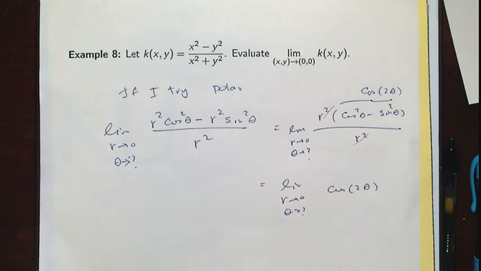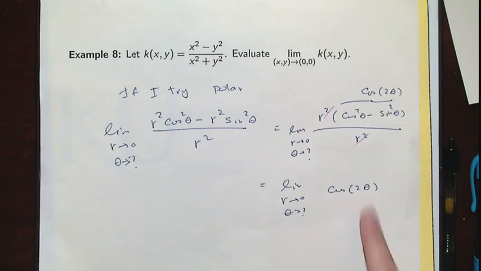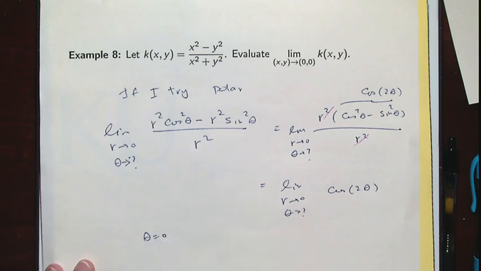So someone says, what if I do this? Can I still find two paths? You could find two paths. I can say theta equal to 0, the limit is going to be 1. What else can I put in there? Theta equal to pi half.